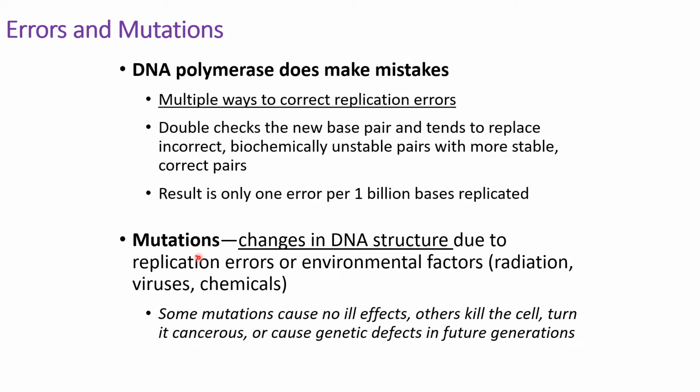Another cause of mutations is, it's kind of like when you age, you're kind of like an old car. All right, you start to break down, and the engine doesn't work as good as it used to. And what ends up happening is that in older age, you're not as good at DNA replication as you used to be.